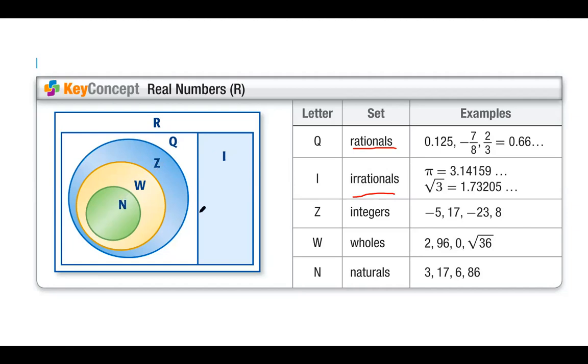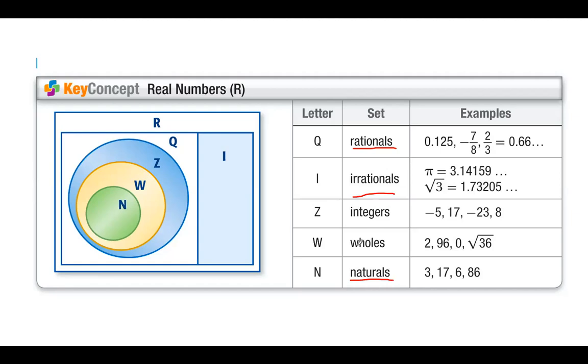We're going to start with the most restricted subset, which is the natural numbers. Natural numbers are also known as counting numbers. They start at 1 and continue on 2, 3, 4, 5, 6, the numbers you count by. So they're called the natural number system, or you might hear them called counting numbers.